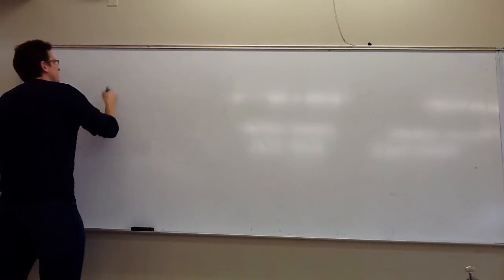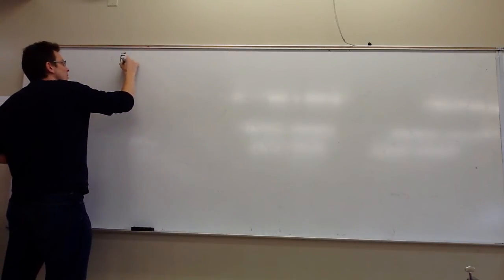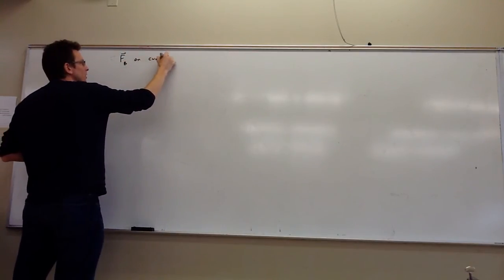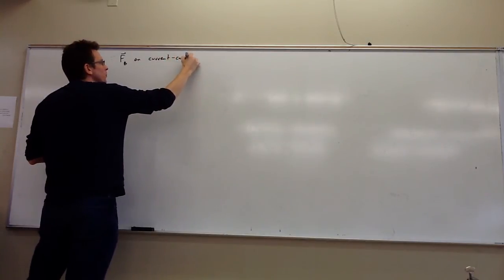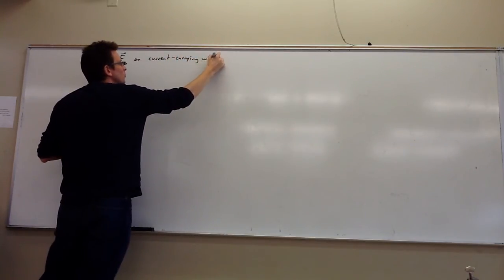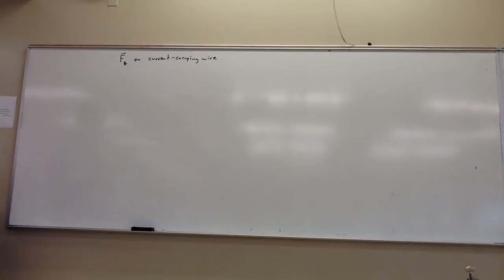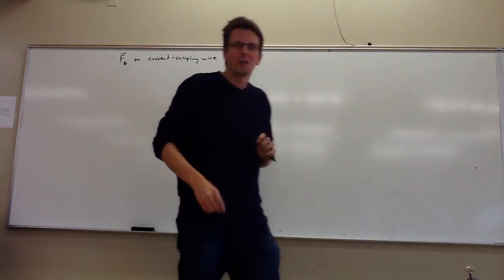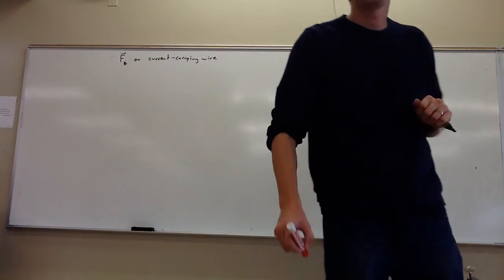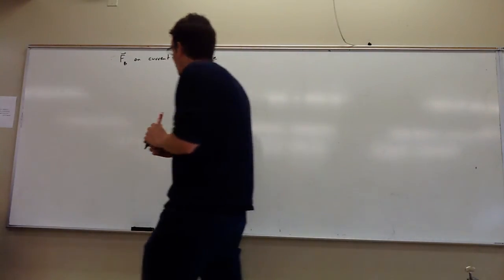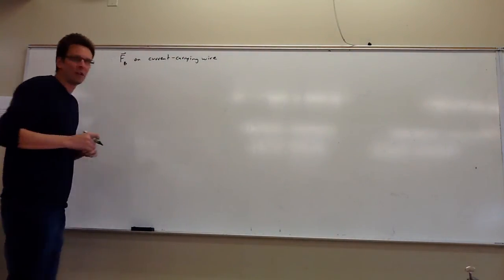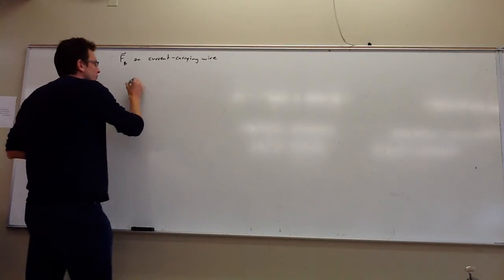So we want to find the magnetic force on a current carrying wire. So how is this different? Not really very different at all. In fact, it's going to take us all of a couple minutes to do this.